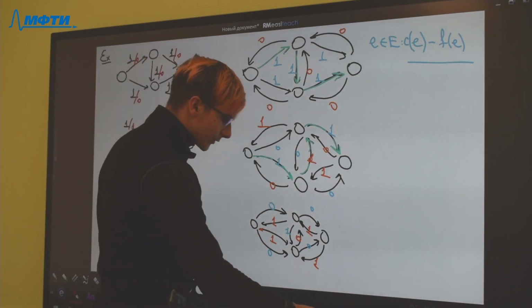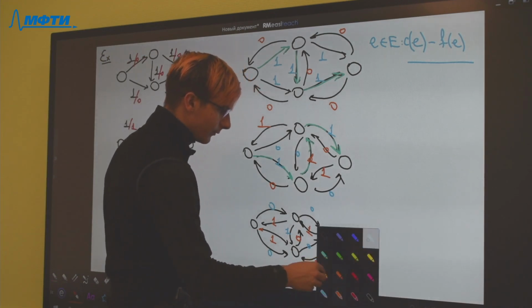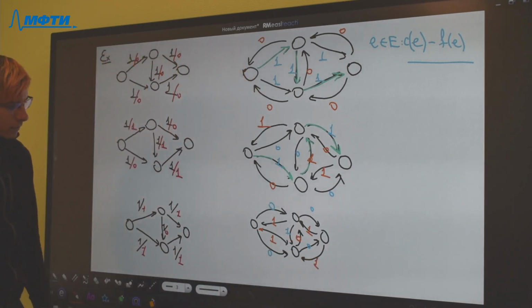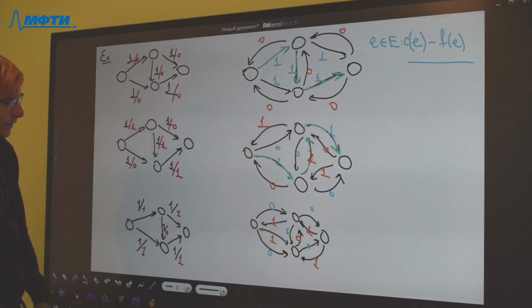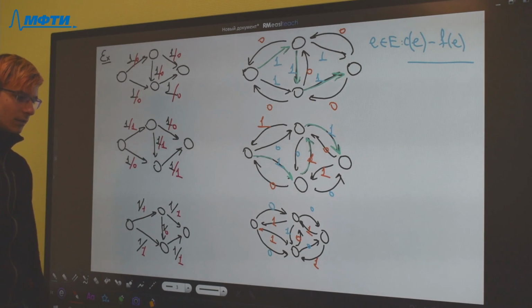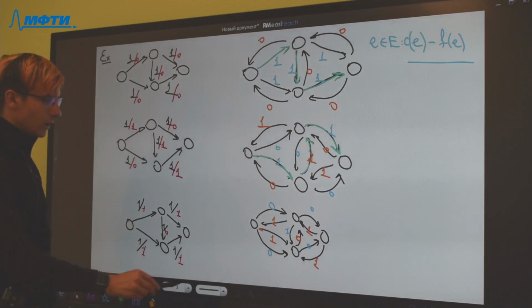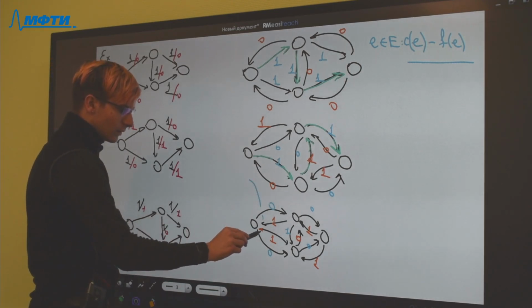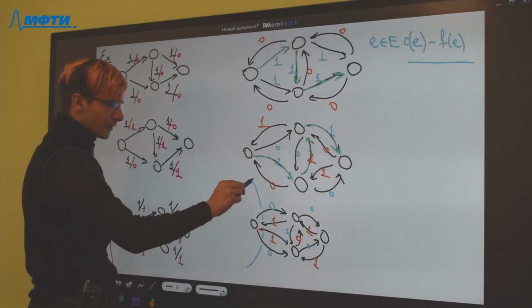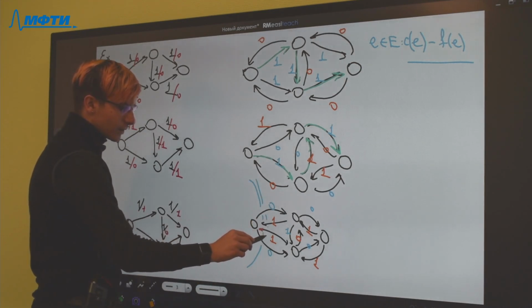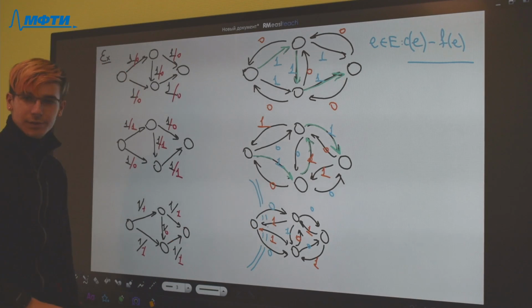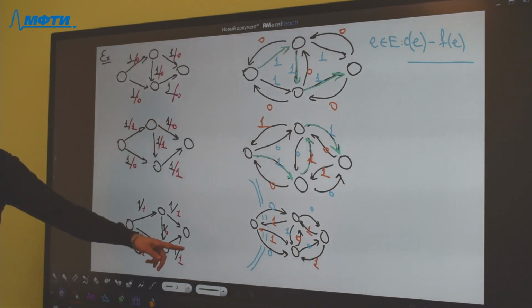So we can try to find which vertices we can reach with paths that contain only edges bigger than 0, and we say that there are no vertices that we can reach from the source. So it is the minimal cut of the network.